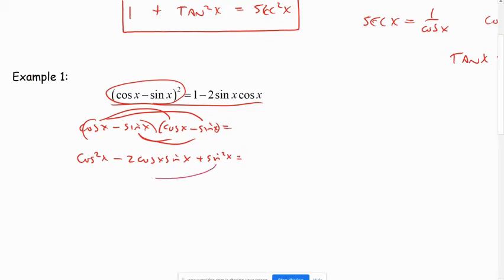And then if we move these next to each other, we'd have cosine squared x plus sine squared x minus 2 sine x cosine x.